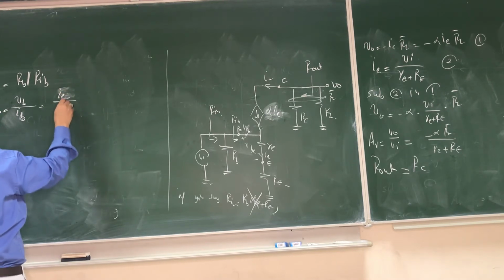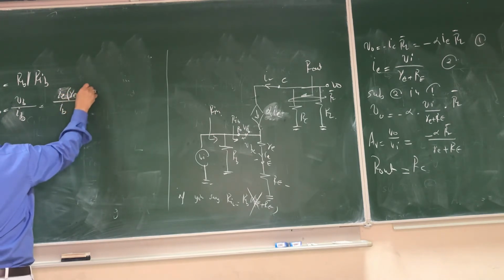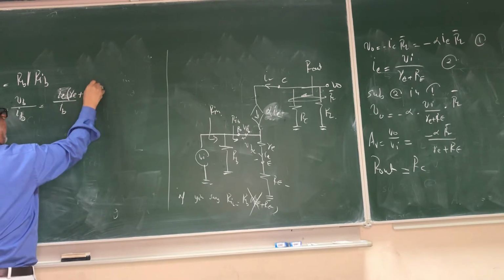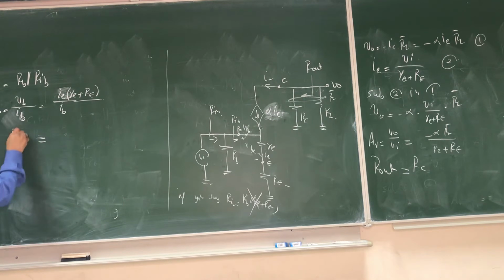This is IB. VB is IE into RE plus RE. This is equal to RIB.